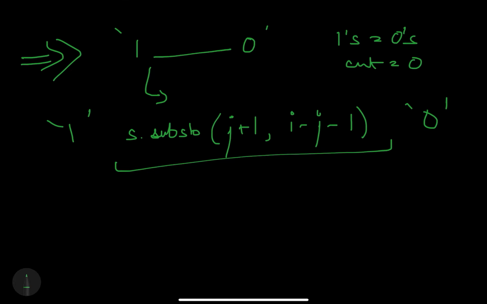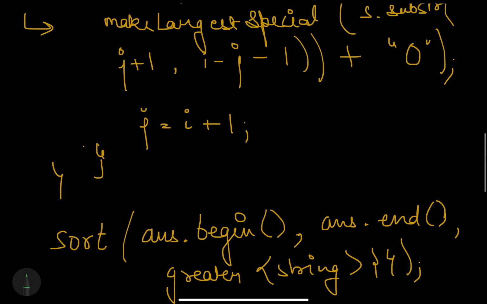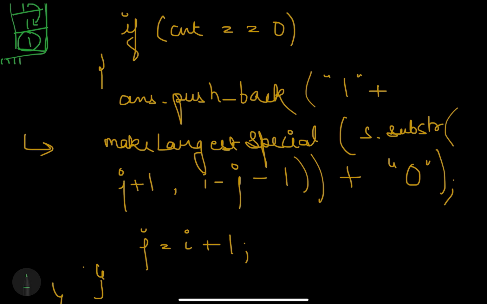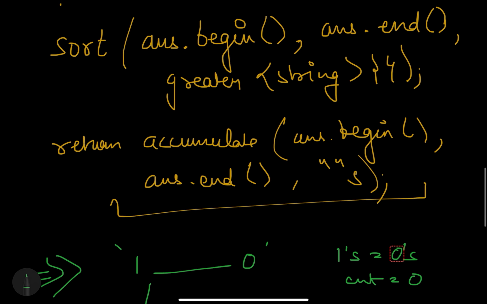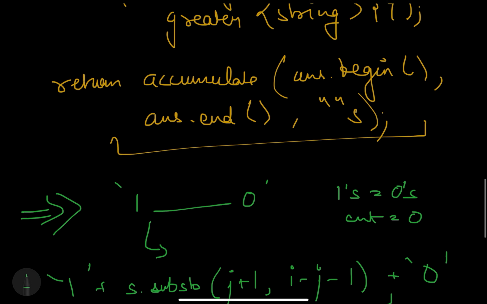And then we have rebuilt this by adding 1 and 0. We have sent this to the function, and what it returns, we have added 1 and 0 around it.